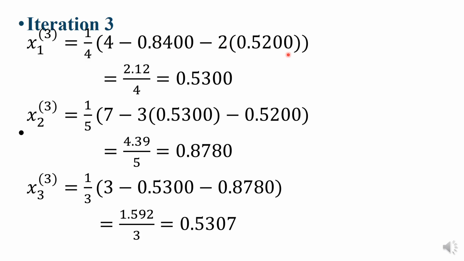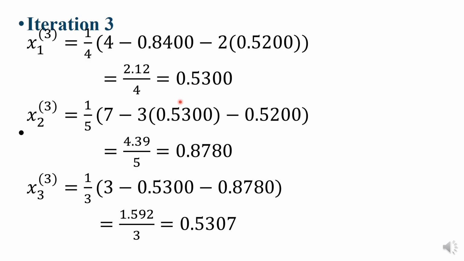In iteration 3 we put the values, then we simplify, we get 2.12 and divide by 4 equals 0.5300. If we have found x1, we don't wait for another iteration.